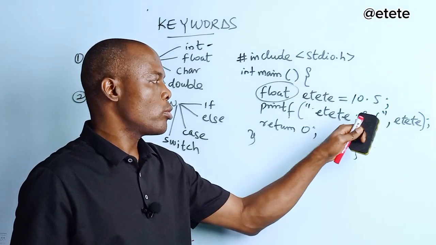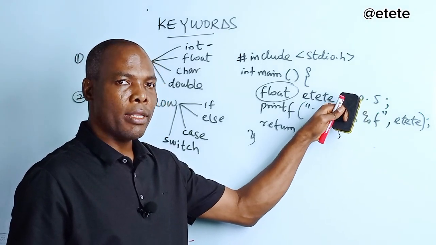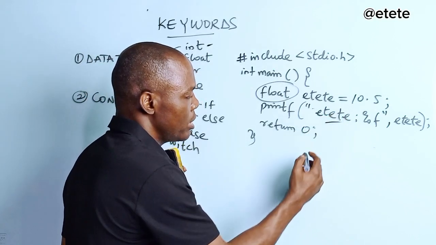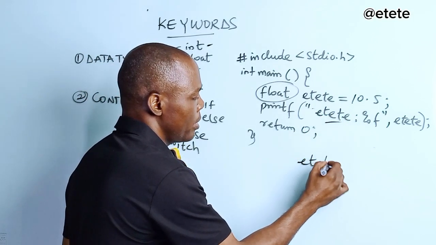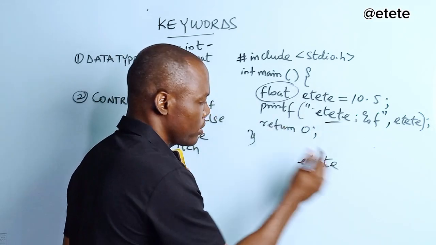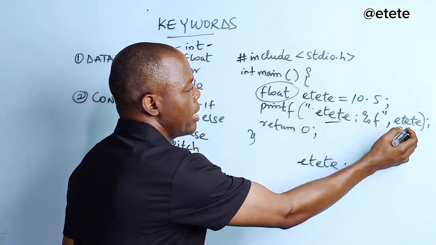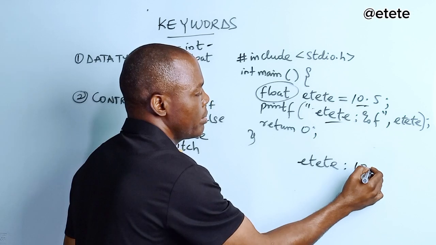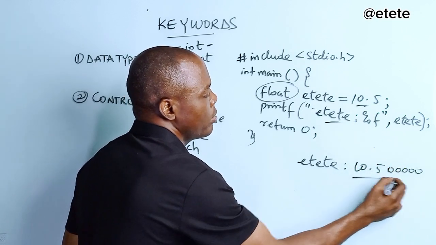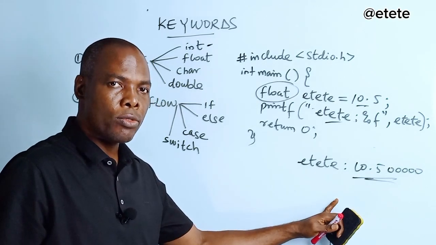So I am saying, go to the memory location that is named a tete and print out the value. So this is going to print this string literal, which is what? A tete. It's going to print it out on the screen, and then it will print out this value, 10.5, but with 1, 2, 3, 4, 5 places. So it will print this out on the screen for me to see.